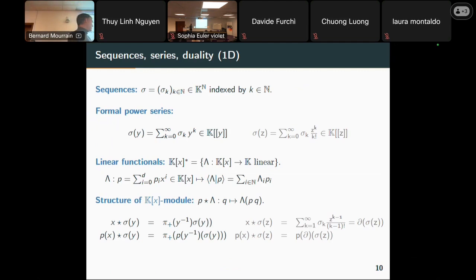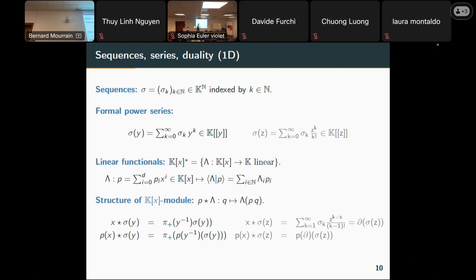So we have a duality between multiplication and derivation in the dual. The same here. So when we multiply by a polynomial P times a series or a linear functional or a sequence, in the y, we replace y by y inverse, P of y inverse times this series, and keep the positive exponent.